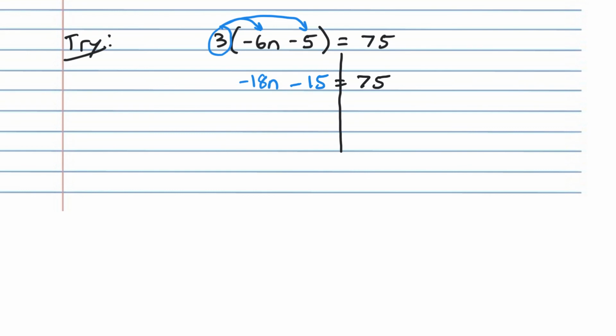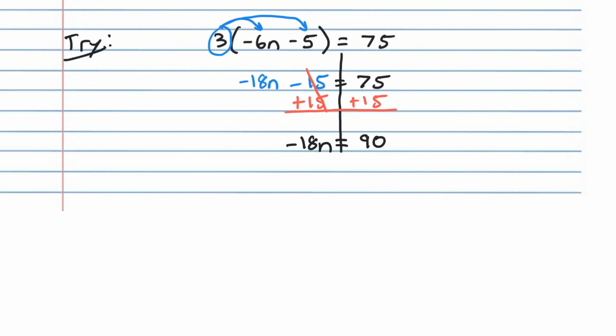All right, so now we're down to a two-step equation. So we're going to get rid of that 15. Okay, the opposite of a negative 15 would be positive 15. Whatever I do to one side, I'm doing to the other. These cancel each other out. I'm going to bring down that negative 18n. And 75 plus 15 gives you 90.